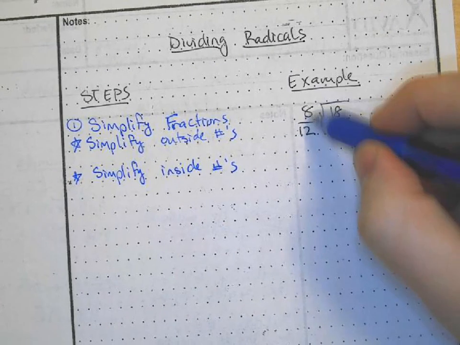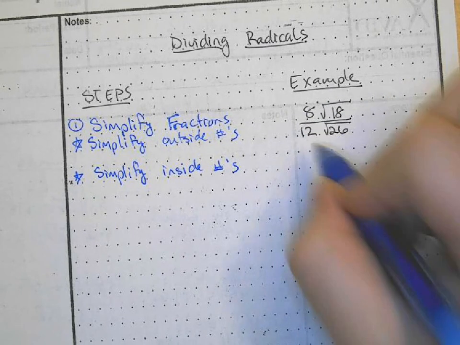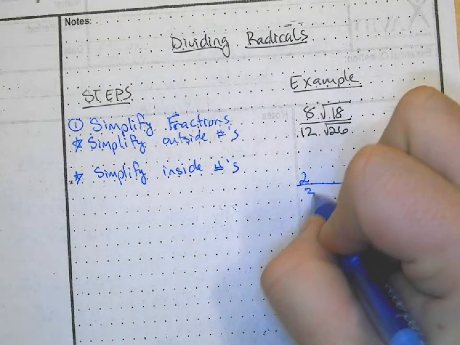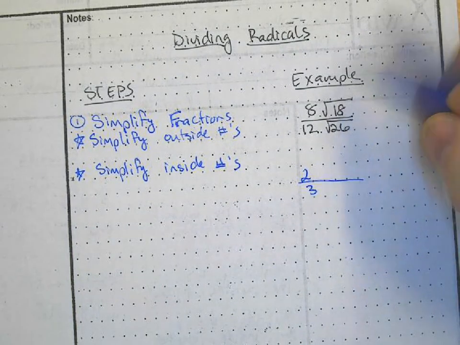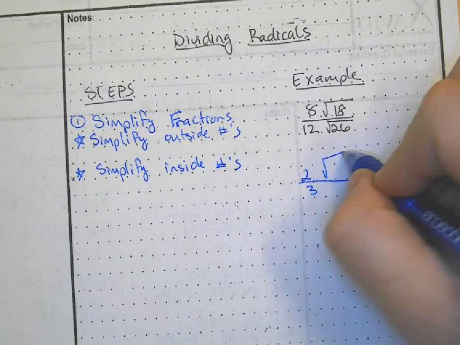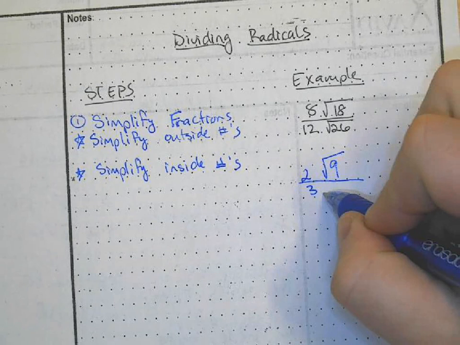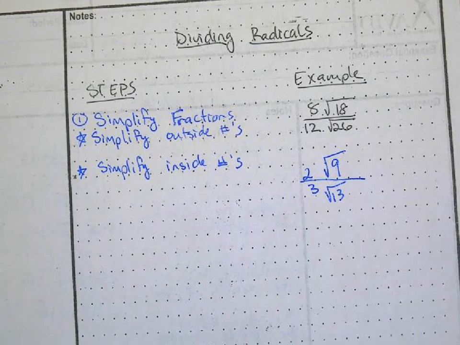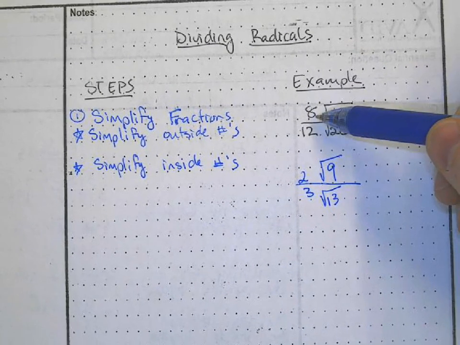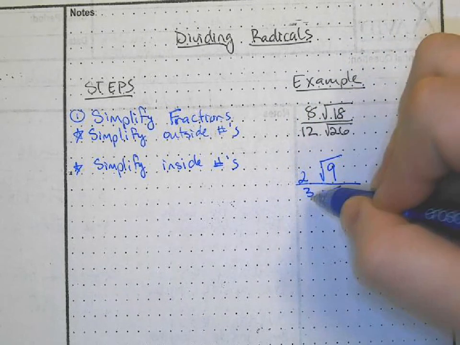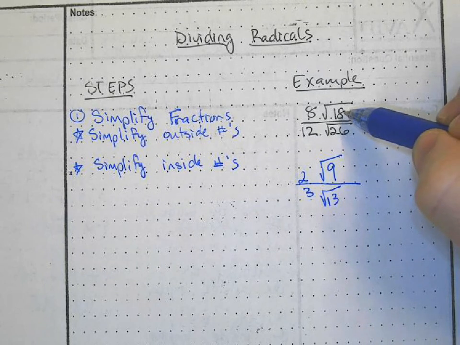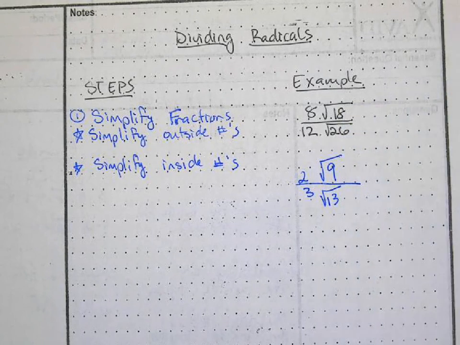So how this would simplify is 8 over 12 could simplify to 2 over 3. And then my numbers on the inside of the radicals can simplify as if it was a fraction. So 18 over 26. So I could say root 9 over root 13. So I simplified the 8 over 12. I was able to divide both top and bottom by 4. 8 divided by 4 is 2. 12 divided by 4 is 3. And then I was able to simplify the numbers inside my radicals just like a fraction. 18 over 26, dividing top and bottom by 2.